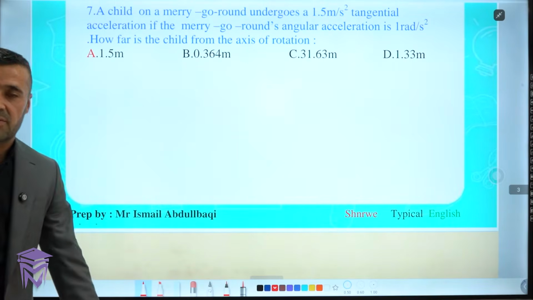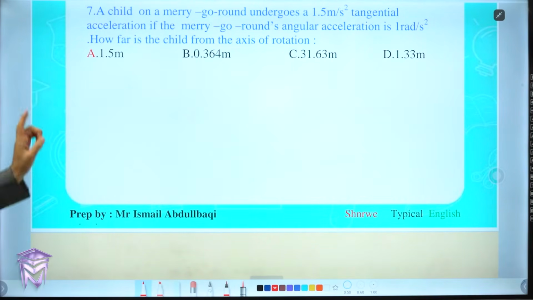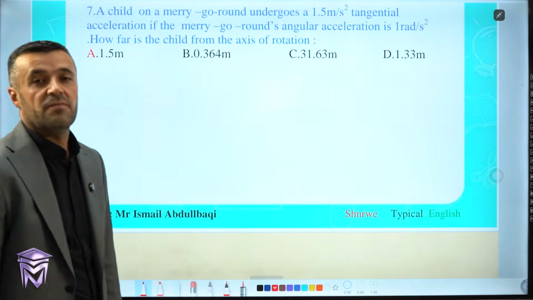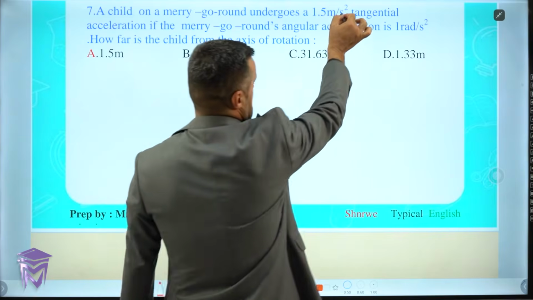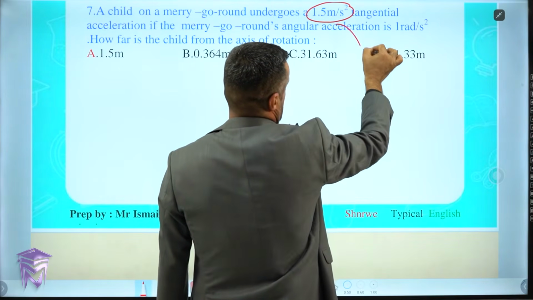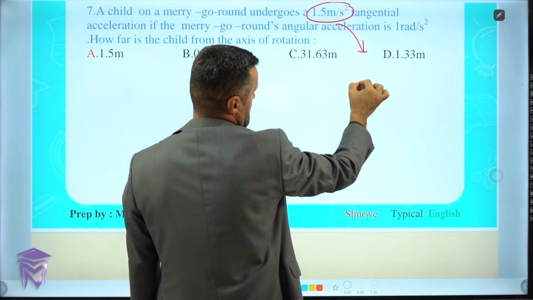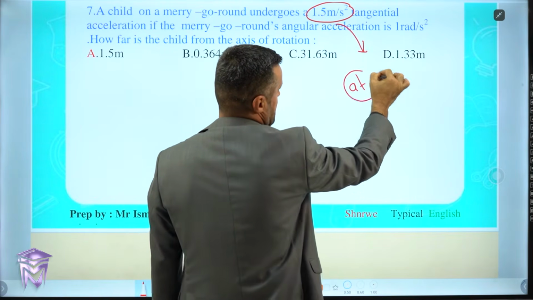After that, I will solve question 7. A child on a merry-go-round undergoes 1.5 meters per second square. This amount is very important. This is tangential acceleration.